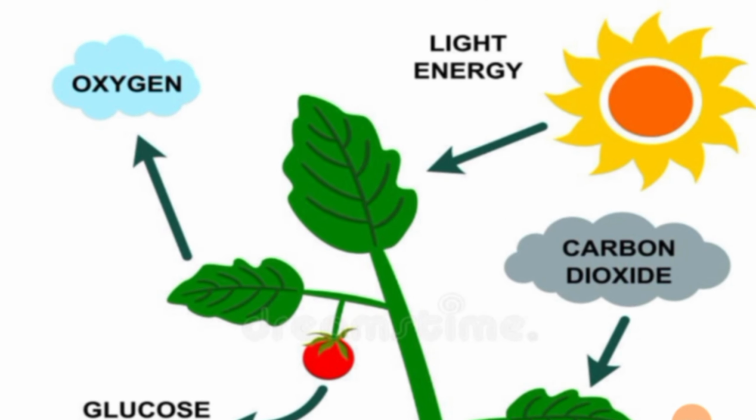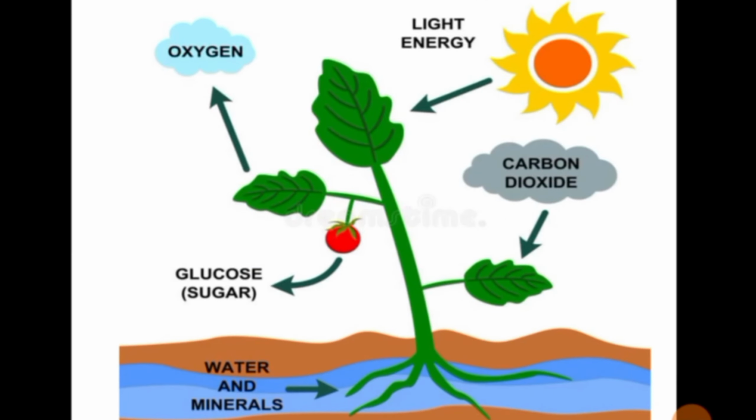So photosynthesis, as described here, is the ability of a plant to take in sunlight, carbon dioxide, water, and chlorophyll to produce oxygen and glucose, which is the food.